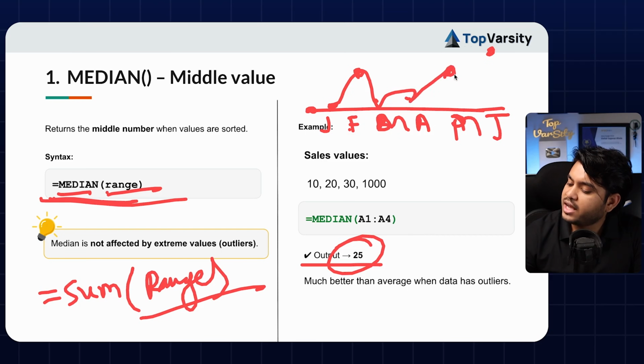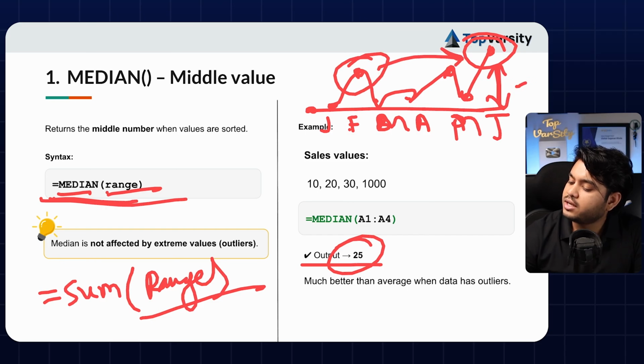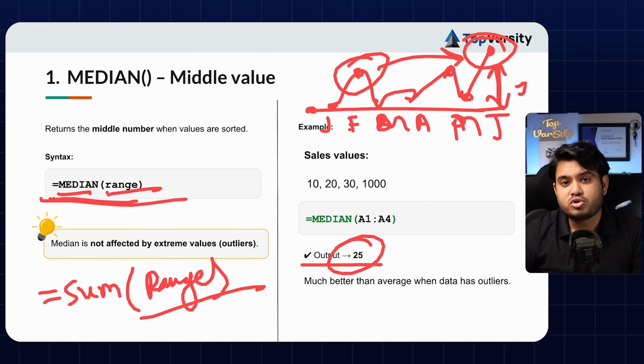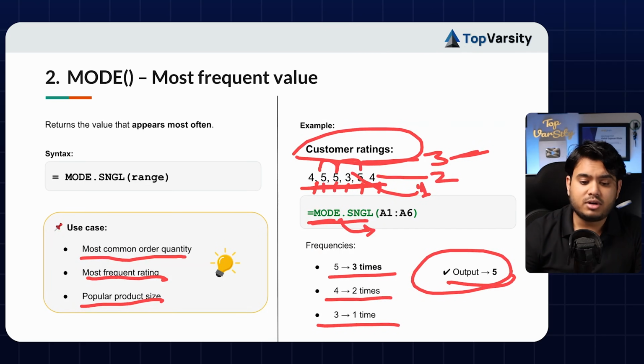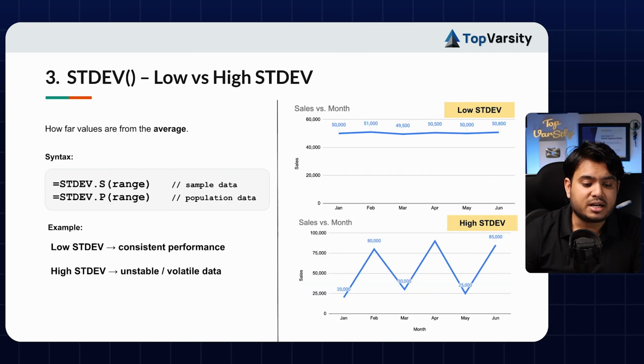If your values are like this, what will you do? Because these outliers are very big, to calculate whether these outliers are making any difference to your calculation or not, we'll use standard deviation.